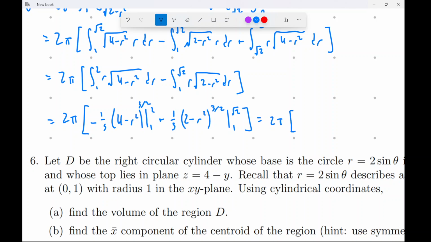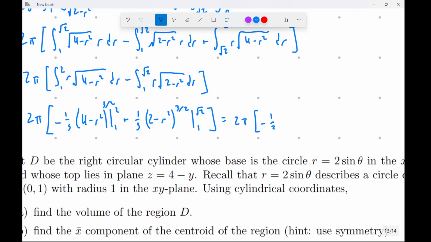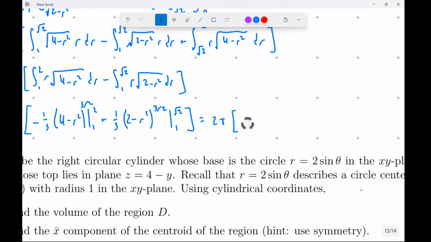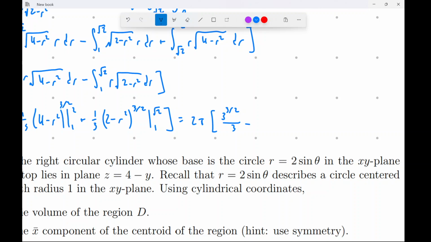That is 2 pi times negative 1/3. I'm actually going to move around some of the negative signs. So that is 3 to the 3/2 over 3 on the first term. I think that's what you end up getting. And then the second term is minus, okay, it's 1/3.